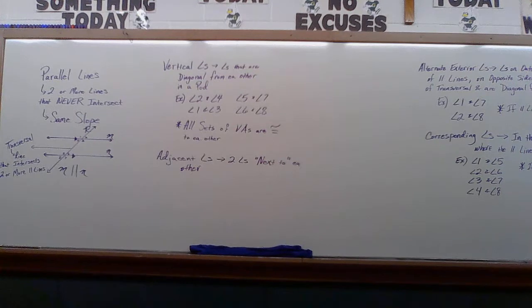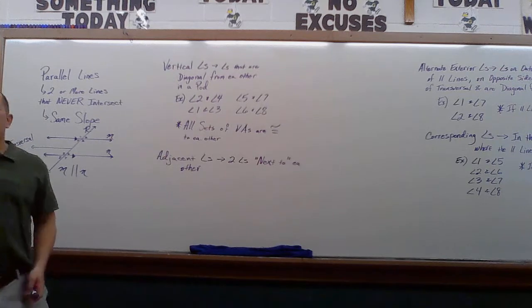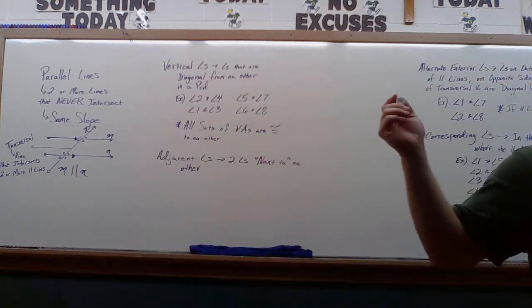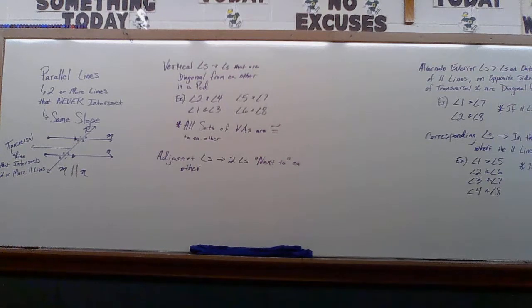The trigonometry stuff, SOHCAHTOA, we had adjacent. So realistically, adjacent angles, kind of like interior and exterior, are not real glamorous. They're just next to each other. They might have a special characteristic, but not necessarily.